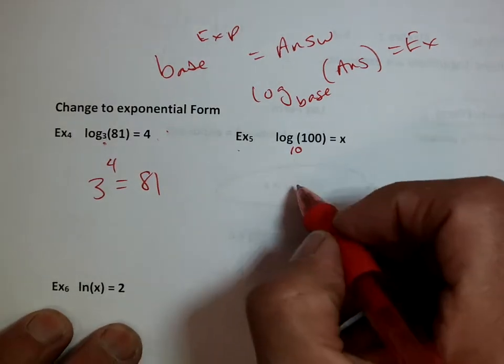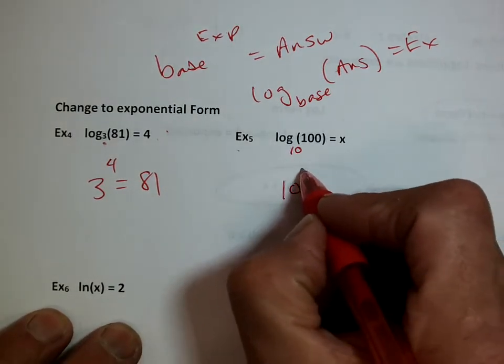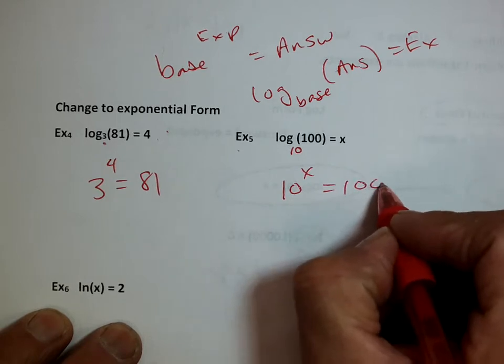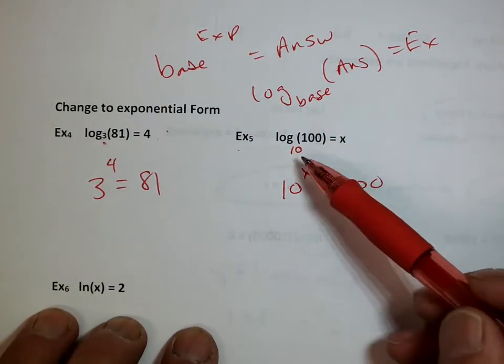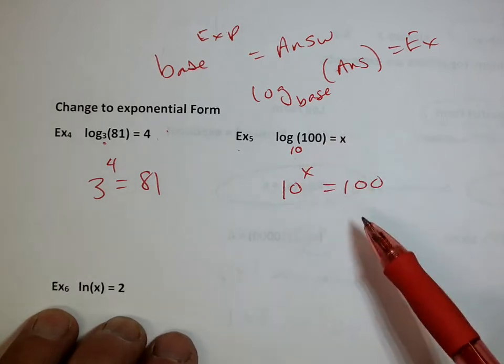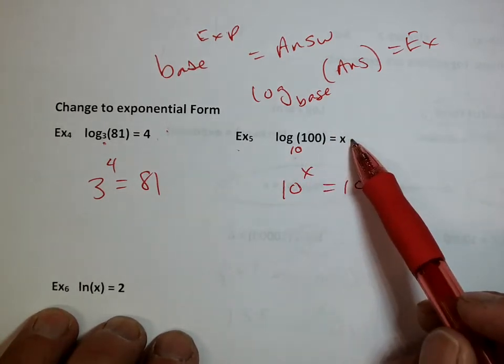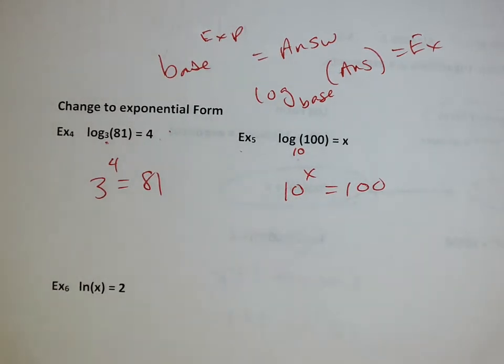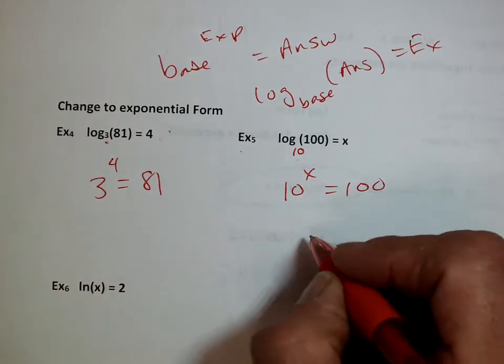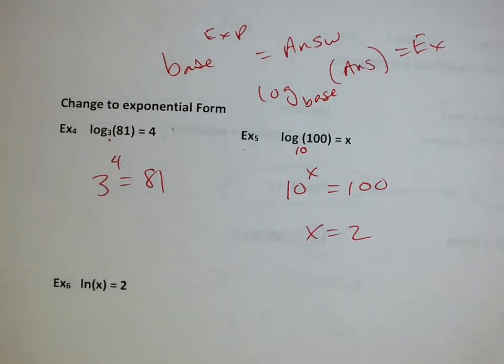So I can go 10 to the x equals 100. I changed it from log form to exponential form: base to the exponent equals what's inside. That's got to be 2 because 10 squared is 100. You guys agree? X equals 2.